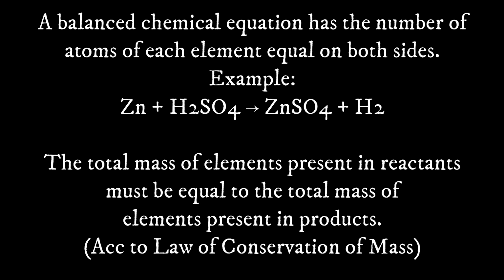According to the law of conservation of mass, mass can neither be created nor destroyed in a chemical reaction. To obey this law, the total mass of elements present in reactants must be equal to the total mass of elements present on the product side. So that is a balanced chemical equation.